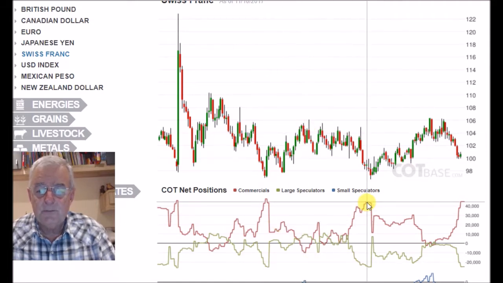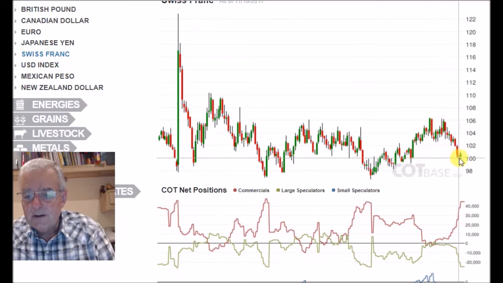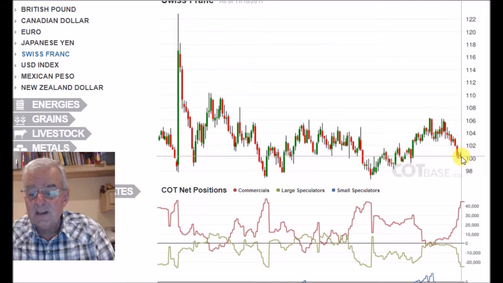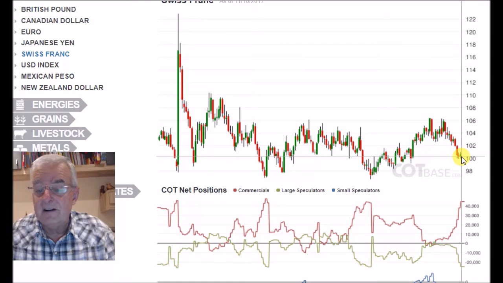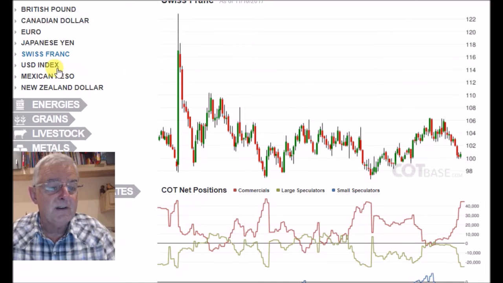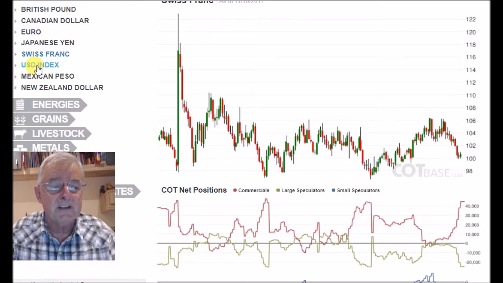And then we've got this one, which gave us this lovely move up there. And now we've got this one that we're at now, and this looks to me like it's going to be a very nice trend for about 3 months, where we're going to see a rise in the value of the Swiss franc. So I'm including that one as of now, because I took it out for a long while because it wasn't really doing anything.